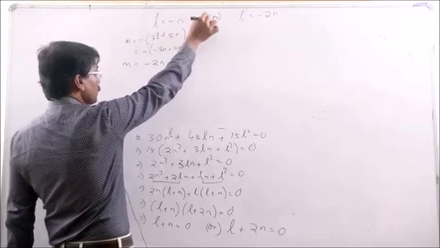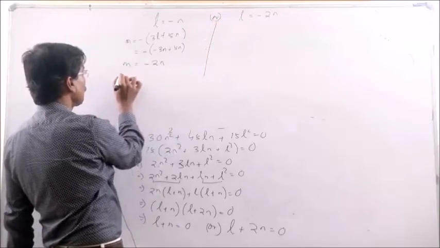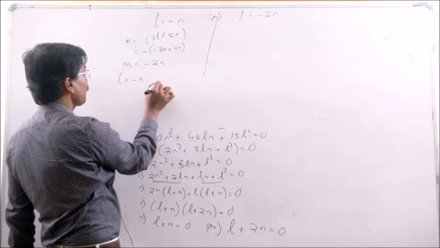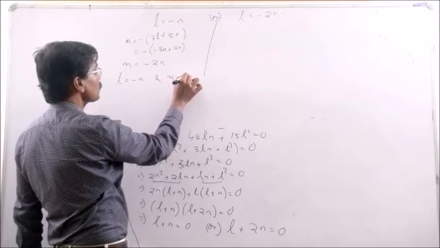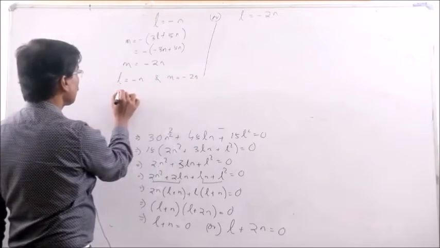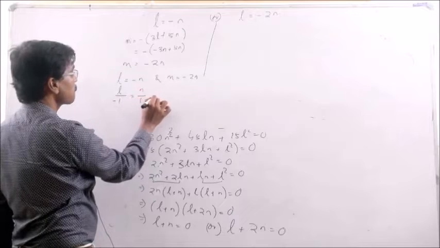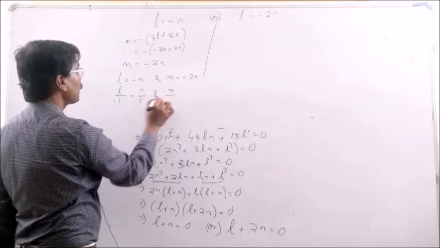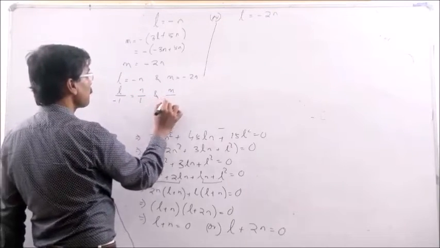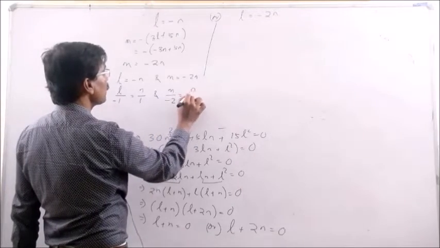So, l is equal to minus n and m is equal to minus 2n. So l by minus 1 is equal to n by 1 and m by minus 2 is equal to n by 1.